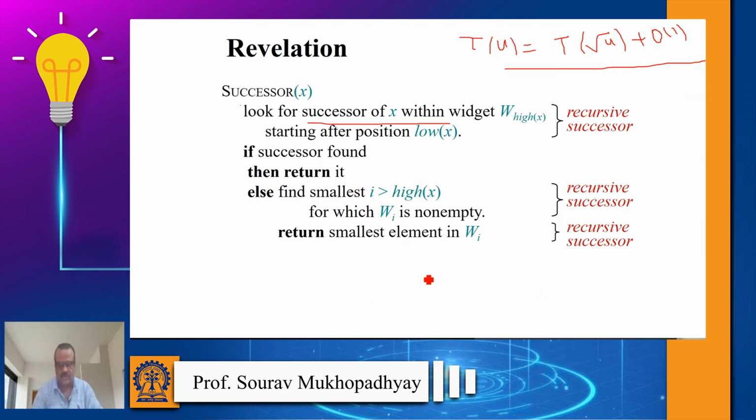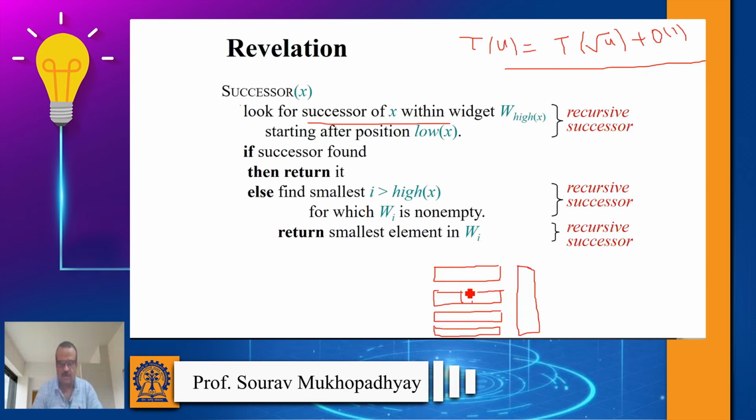So to recap, we have these subarrays or widgets, and we have this summary array. Now we are finding the position of x. Suppose this is our x position.